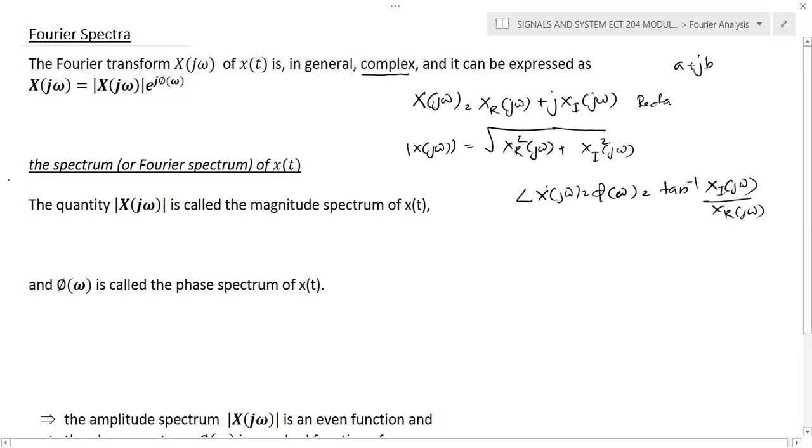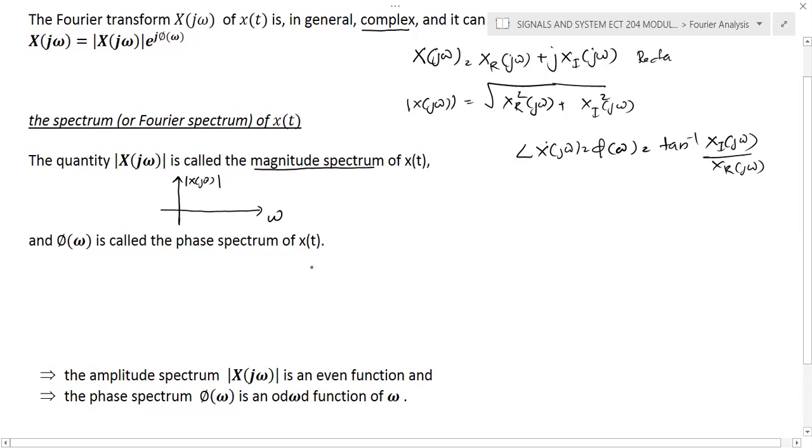And the spectrum of the Fourier transform actually means two different graphs. We can plot a graph with respect to omega for modulus of X of j omega, and this particular graph is normally known as the magnitude spectrum. So the magnitude spectrum is the modulus of X of j omega versus omega graph.